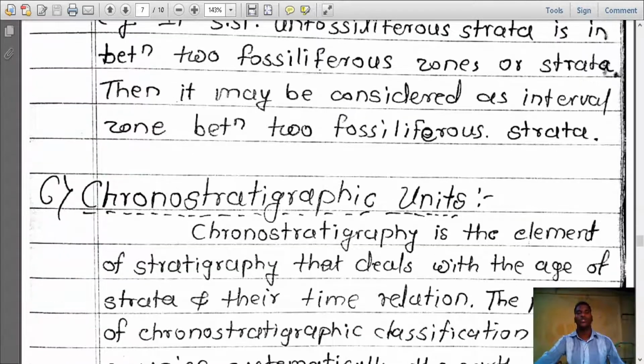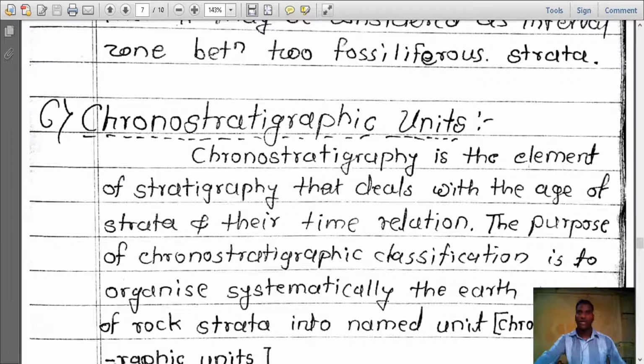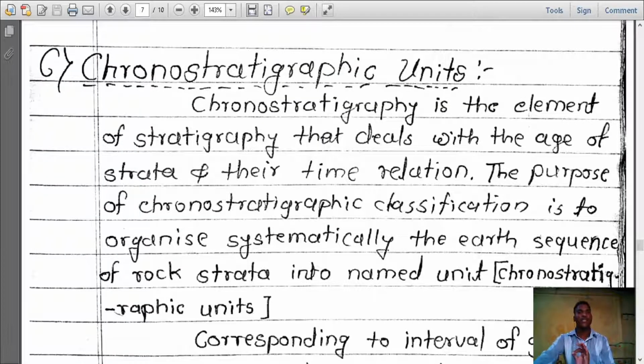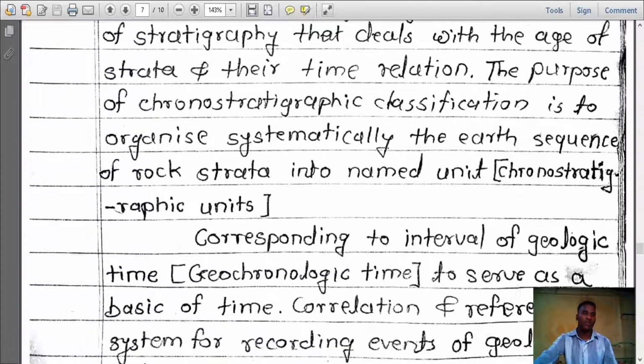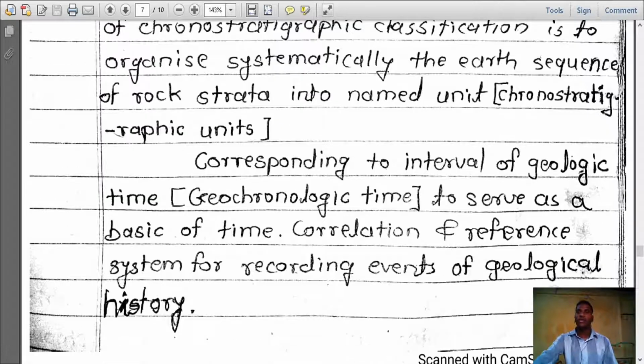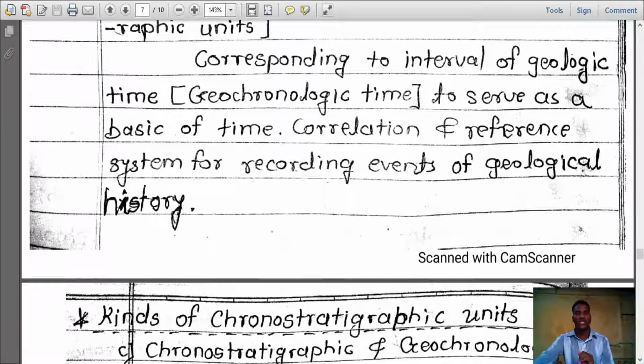Then the last one is the chronostratigraphic unit. Chronostratigraphy is the element of stratigraphy that deals with the age of strata and their time relations. The purpose of chronostratigraphic classification is to organize systematically the rock strata of the earth into named chronostratigraphic units, corresponding to intervals of geologic time, to serve as a basis for time correlation and a reference system for recording events of geologic history.